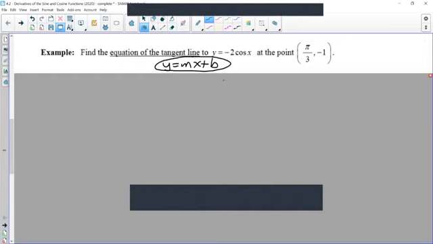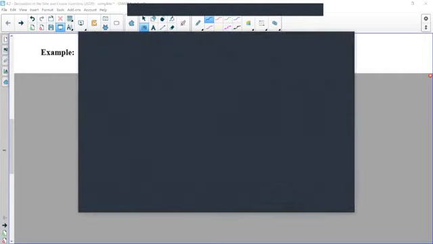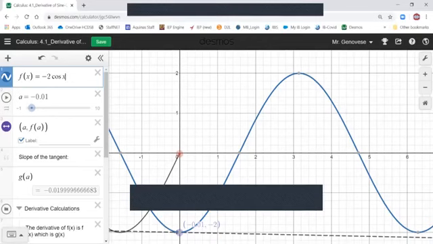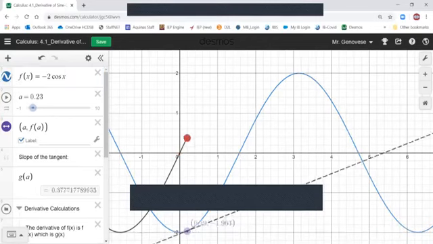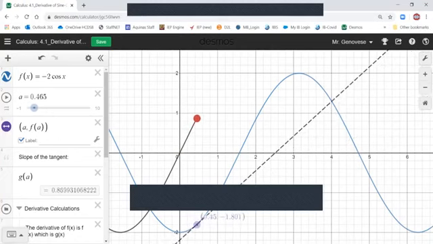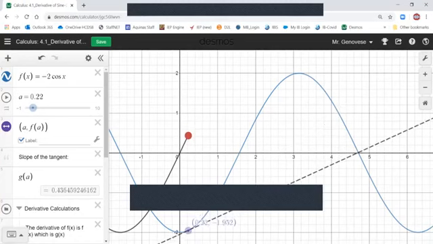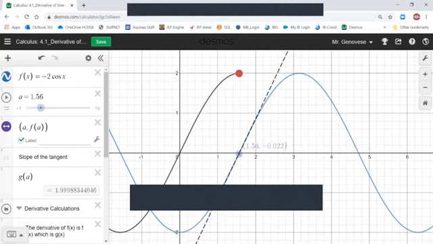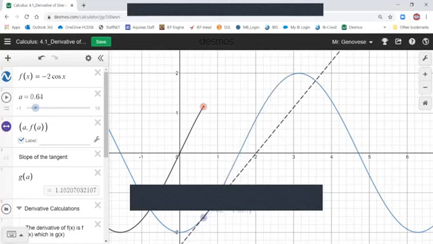All right, so getting back to that Desmos file, we're looking at pi by 3. You'll notice the values aren't listed here, but you want the y value to be negative 1. So where is that y value equal to negative 1? Well, you can locate that roughly about here-ish.